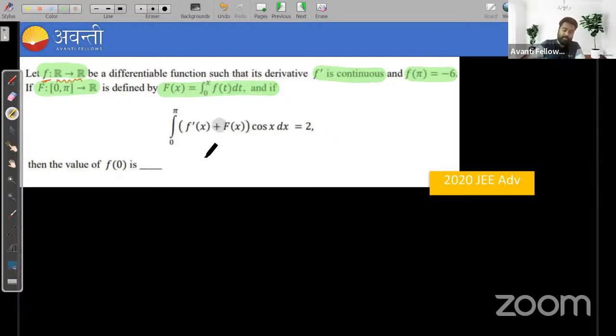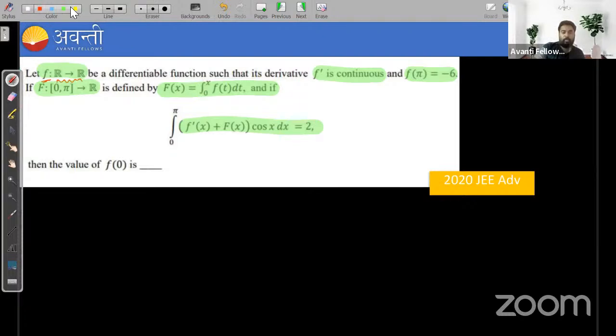And it is also given that the integral from 0 to pi of f dash of x plus capital F of x, times cos x dx, is equal to 2. So you need to find f of 0. It's a question that came in 2020 JEE Advanced. So how can we find f of 0? A very good question. So let's solve this question.